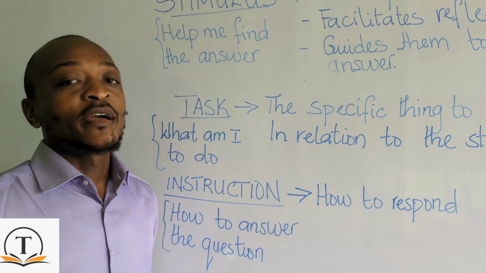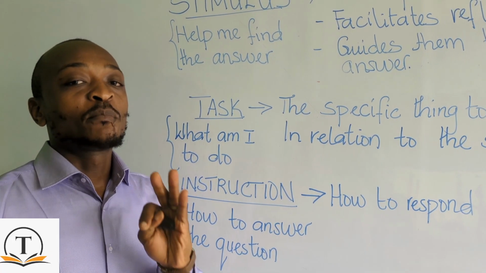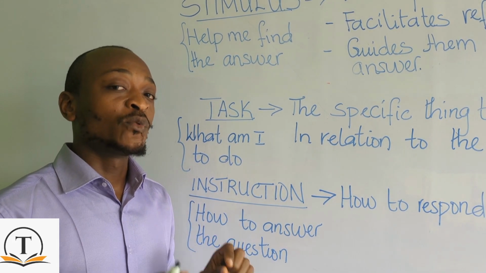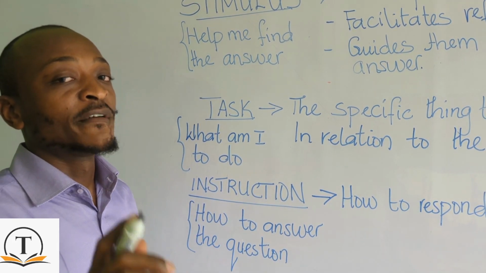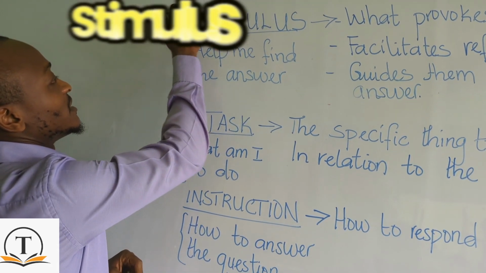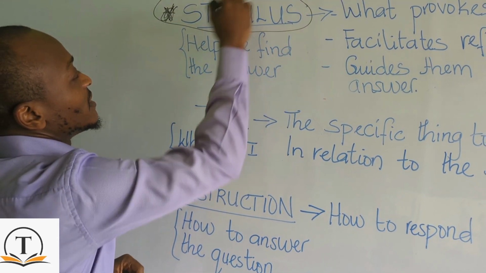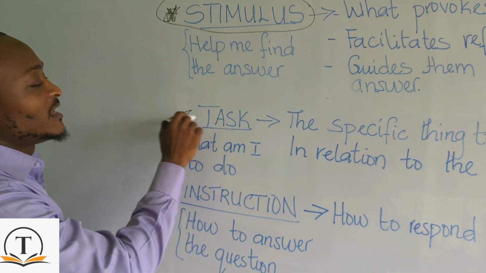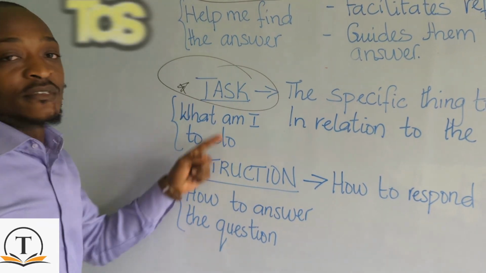Okay guys, welcome back. Let me highlight the three important points to know as far as the question setting format is concerned. The first thing we need to know is the stimulus. Here, every question should have a stimulus. The second thing is the task.